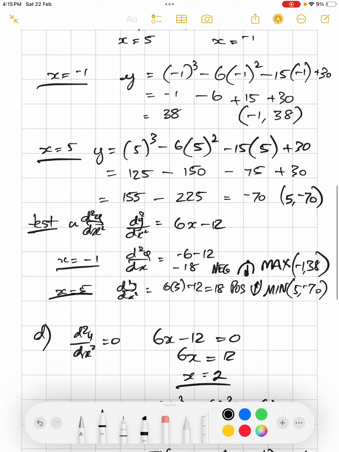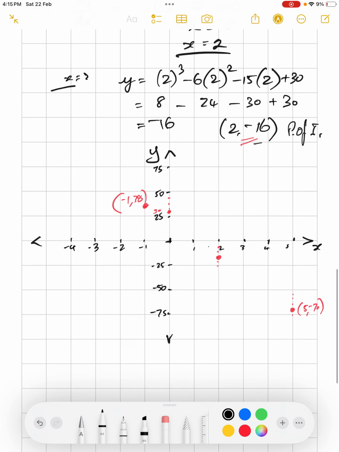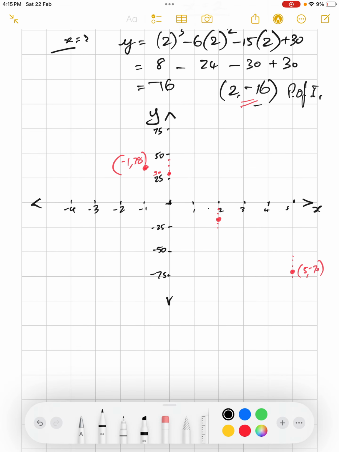Did we get the x-intercepts? No, we don't know where it's crossing the x-axis. So we're going to be turning here. At that point it's turning.